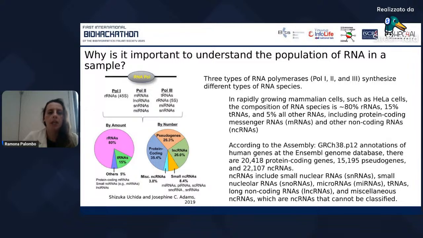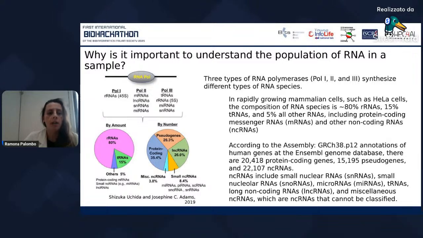So if we have different kind of RNA species, we have also 3 different RNA polymerase that can synthesize these different types of RNA species. And in particular, polymerase 2 is involved in the transcription of this particular kind of RNAs: messenger RNAs, long non-coding RNAs, small nuclear RNAs, and microRNAs.